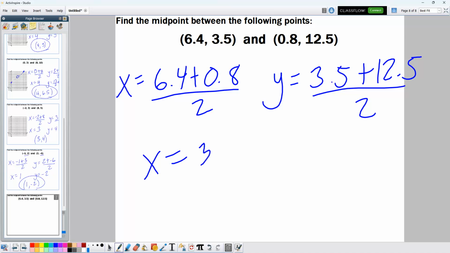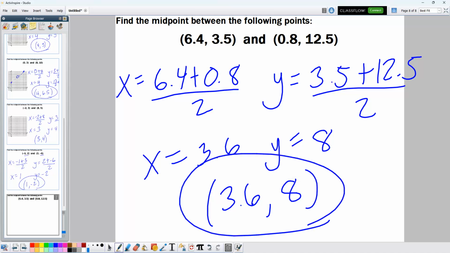I think this would give me 3.6. Please punch it in your calculator and double check that for me, please. I think it's 3.6. And then the y value would be, I think, 8. So my midpoint, the halfway point between those crazy decimals up here, would be 3.6 comma 8.